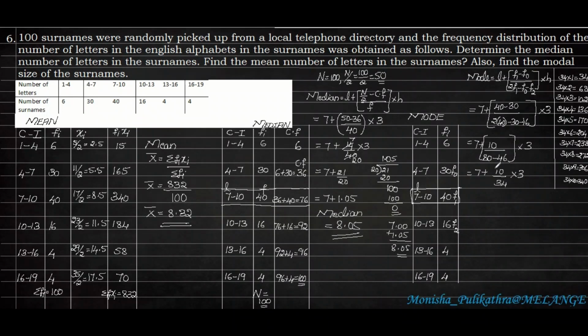Here I will not be cancelling, I will be multiplying this. So 7 plus 3 into 10 is 30 by 34. Next we can take the LCM or else we can divide it. I will be dividing it, that's why I have written the 34 tables here. So we need to divide 30 by 34.